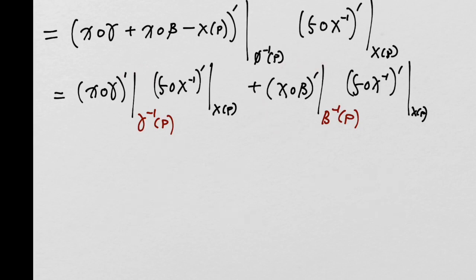But notice carefully the structure: both of these are identical. The structure of this term and the sum and this are the same. It's x after a curve prime evaluated at the inverse of the curve at P multiplied by f after x inverse prime. So this piece and this piece are identical, and these pieces are structurally identical.